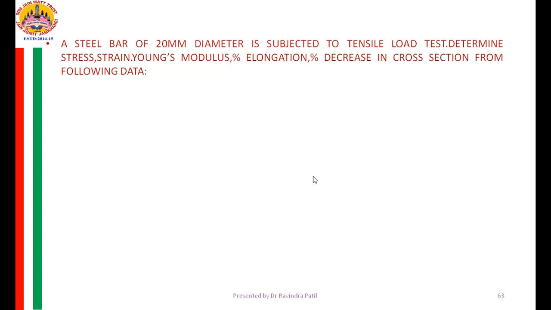Whenever he is asking for any of the stresses, say the stress corresponding to the elastic limit, stress corresponding to the upper yield point, stress corresponding to the lower yield point, stress corresponding to ultimate stress, for all these stresses, the corresponding load divided by initial area is to be used.